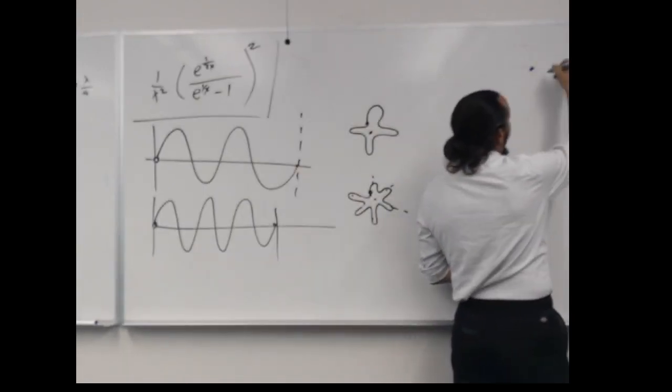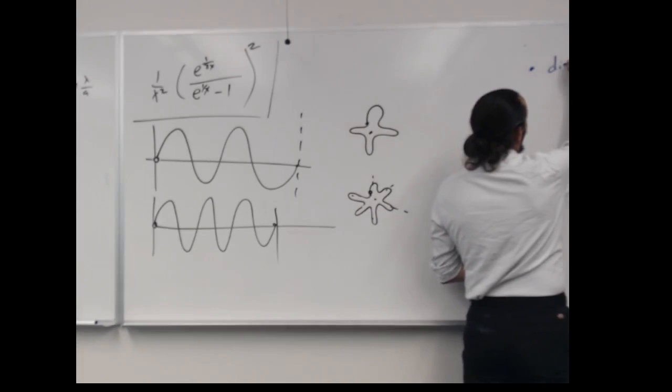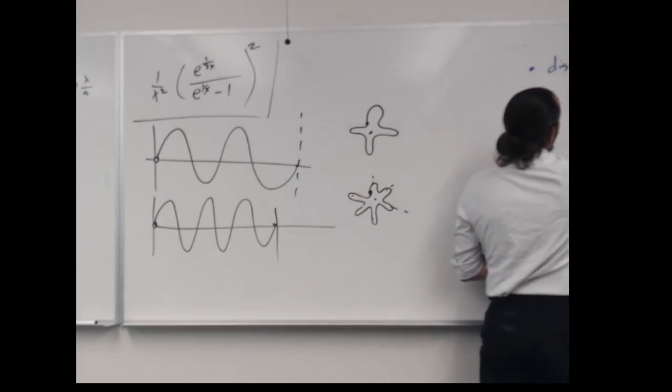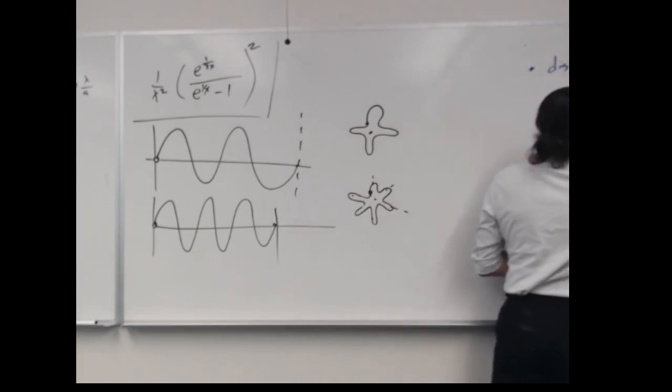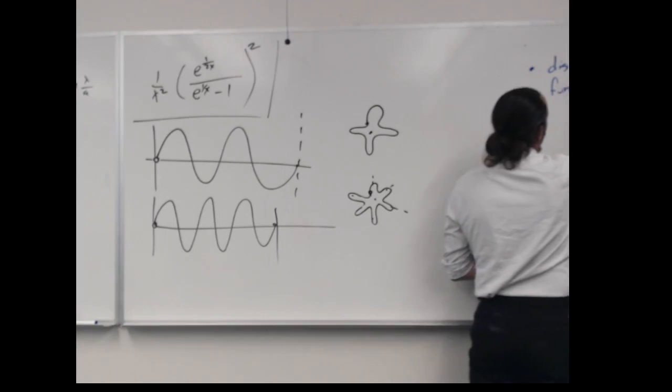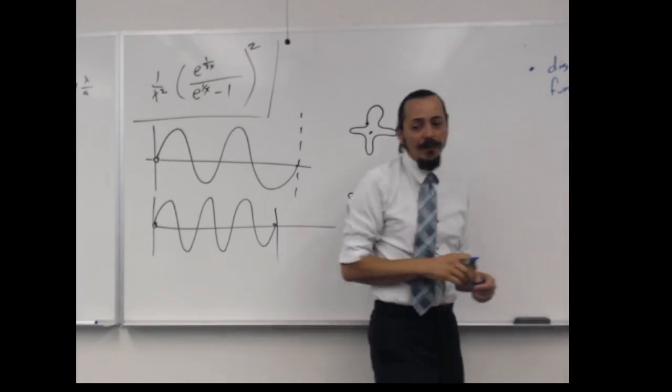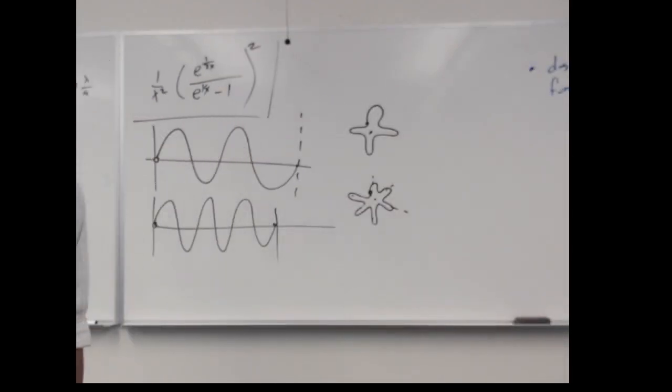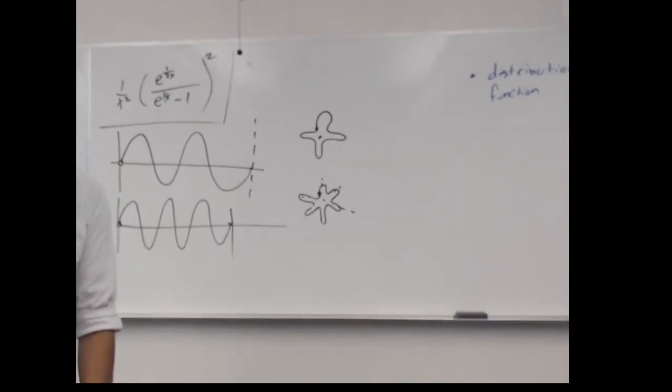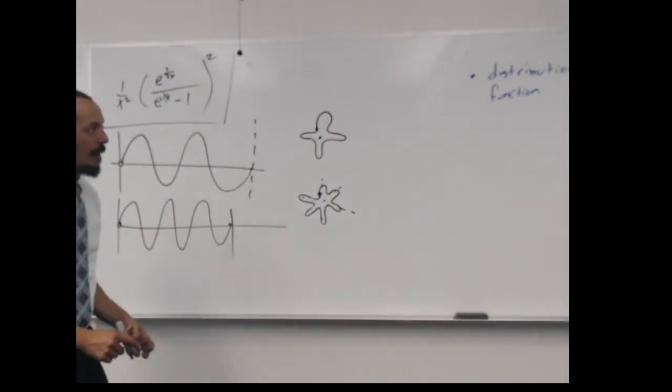So the fact that we have some distribution function to describe where things are, that's going to come back.